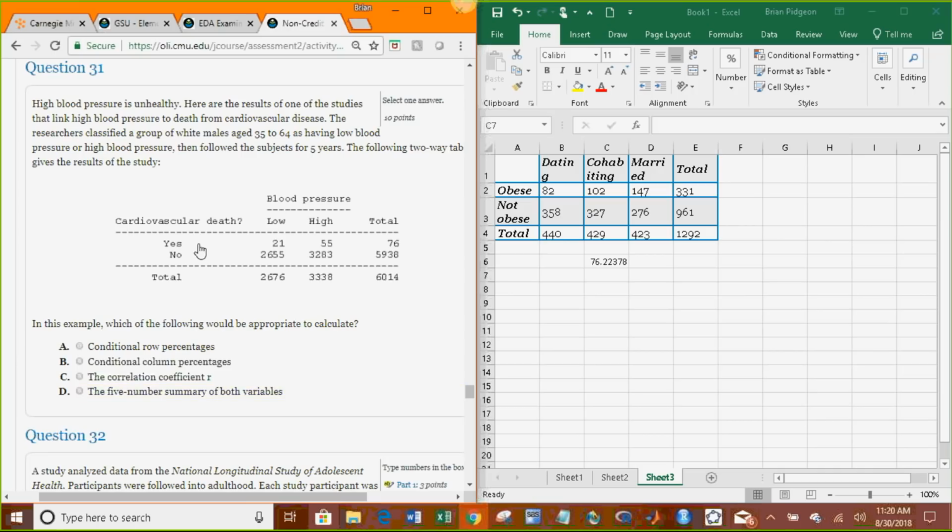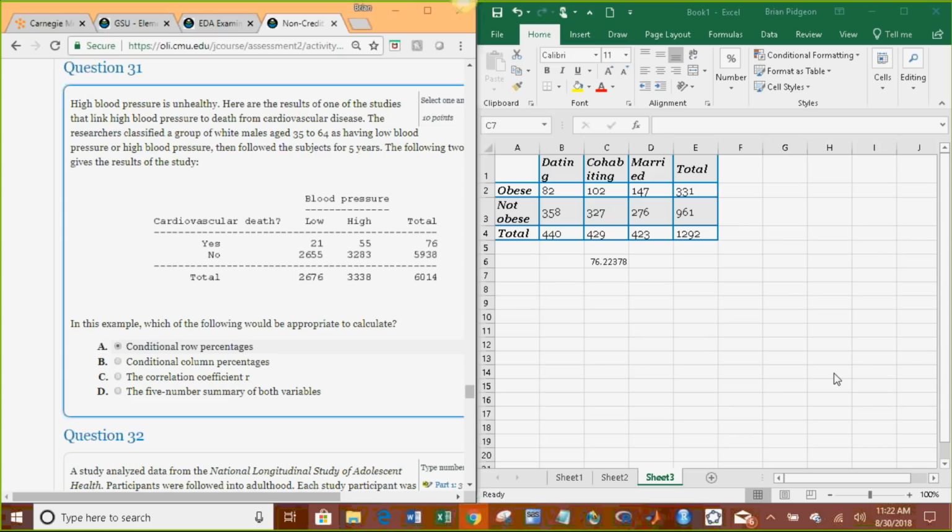So we're trying to see, can we predict cardiovascular death from blood pressure? That would probably, to me, say we would look at the conditional row percentages because we're looking at the percentages based on blood pressure.